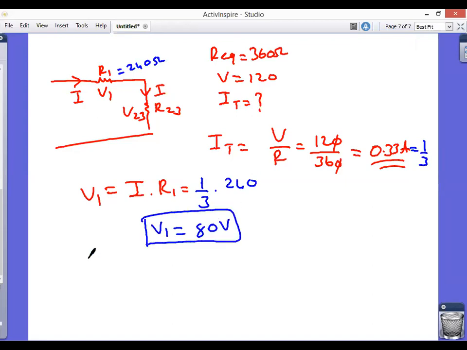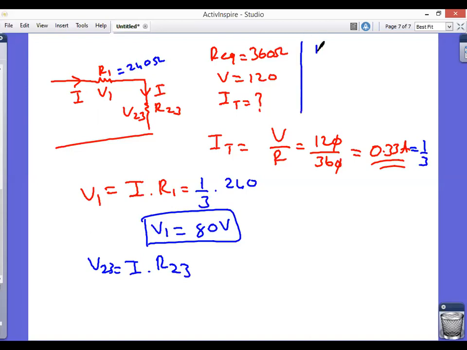What about V2? How do you find V2? This time to find V2 and V3, they are actually the same. We are going to multiply I times R23, the combination of R2 and R3.